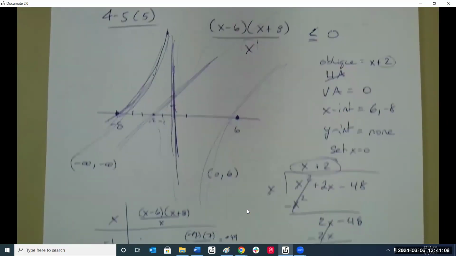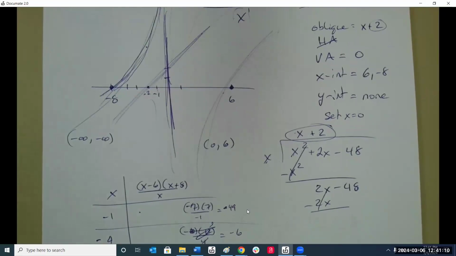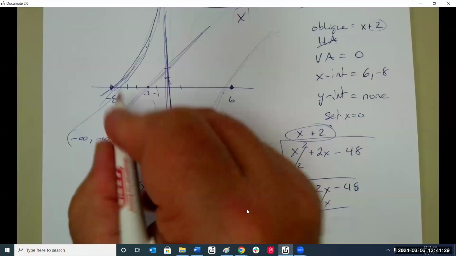What happens at -10? -16, -2, -10. -16 over 5, -3 1/5.